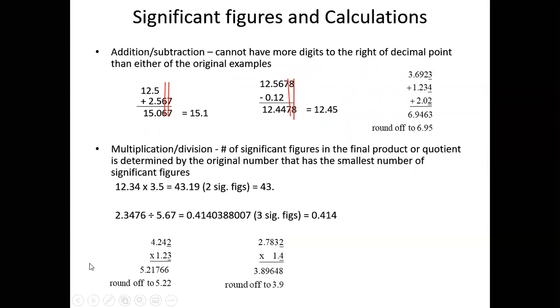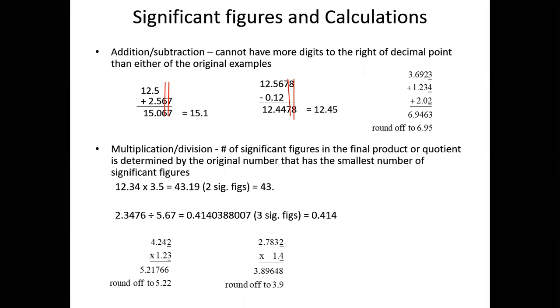So the last thing with significant figures is when we're doing calculations, how do we determine the number of significant figures in our final answer? And so there are two different rules depending if we're doing addition and subtraction or multiplication and division. So with addition and subtraction, and this is very important, we're looking at significant decimal places.